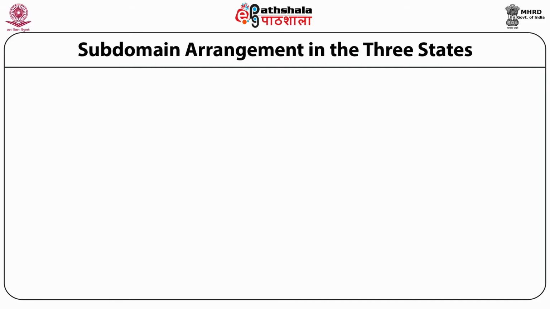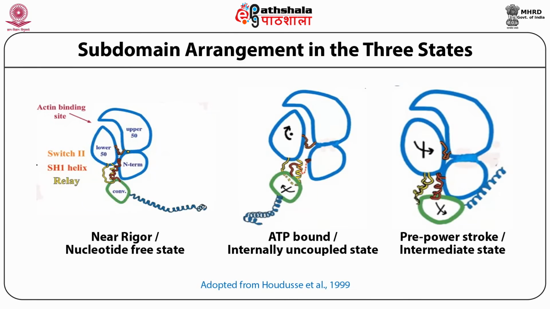Here I have shown you only the domain structure and all the 3 conformations in the same place. Mind you, the near rigor state and rigor-like state are very similar in terms of domains except the upper 50 and lower 50 compared to the N-terminal domain.